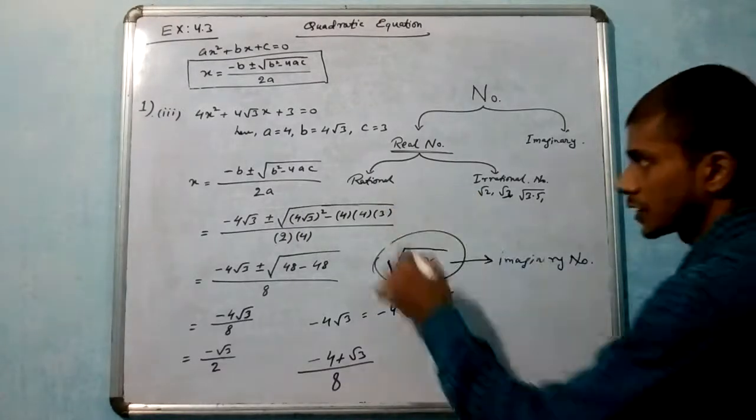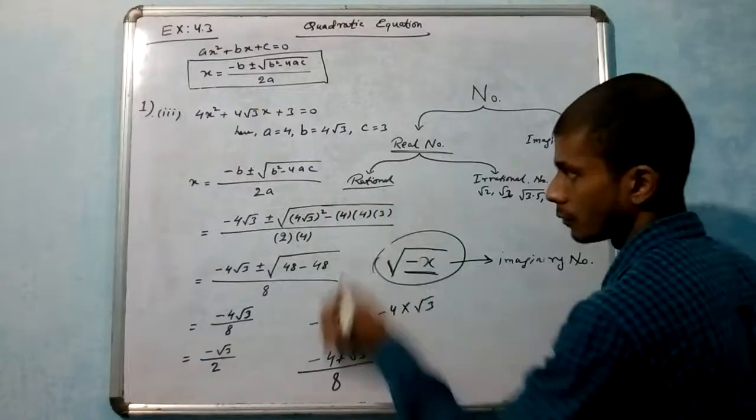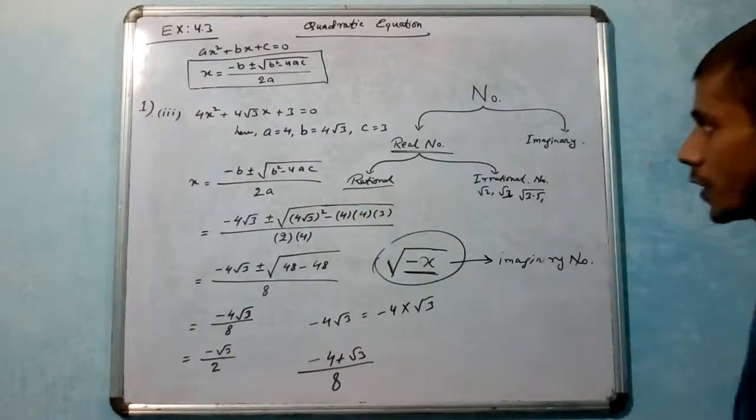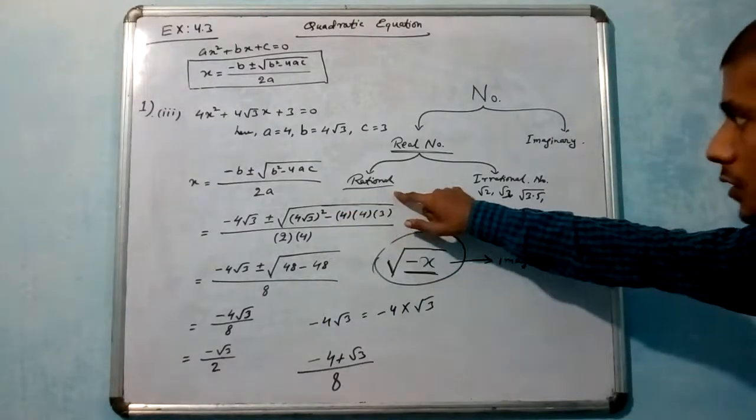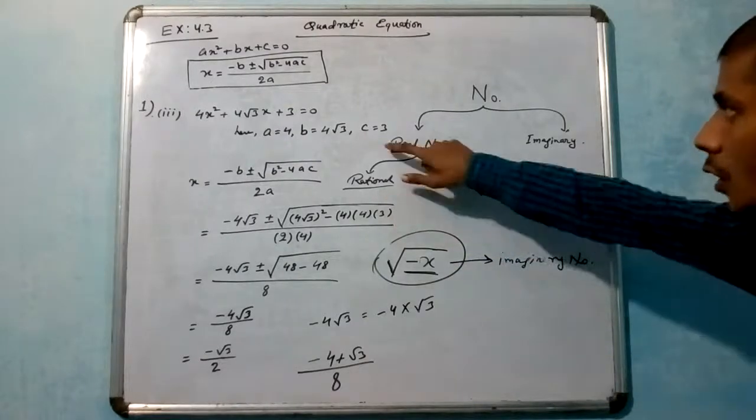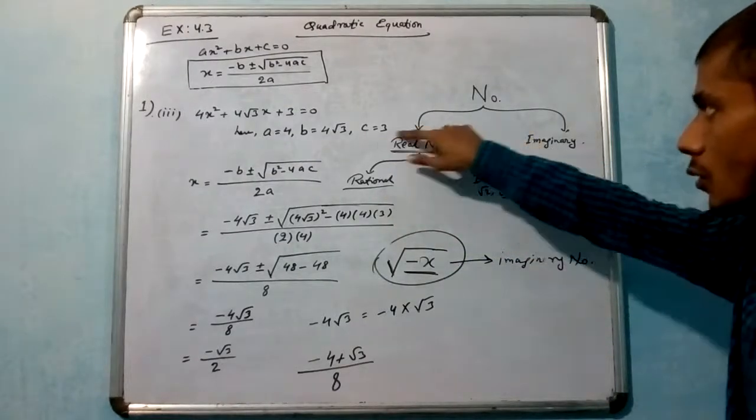In the rationals, natural numbers, whole numbers and all the integers come. So whatever we are studying now, either rational or irrational, all are real numbers.